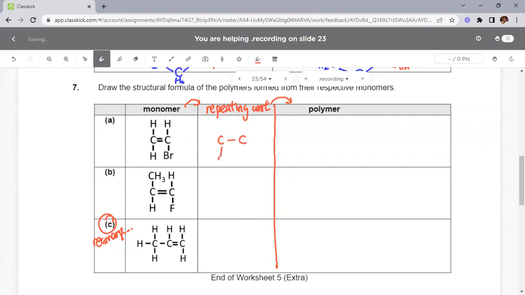So you can see here, by drawing this, I've actually broken one of the bonds in the double bond, and then I'm going to extend the 2 bonds to the side. So this is the repeating unit. The polymer would then be this.